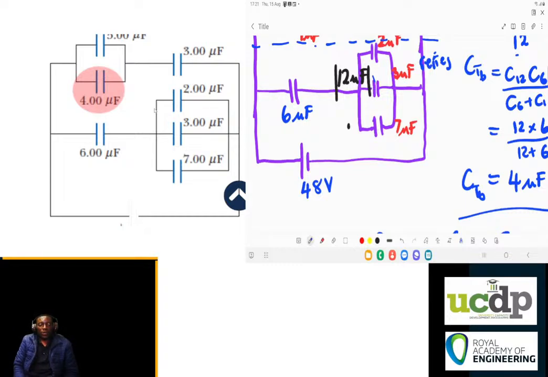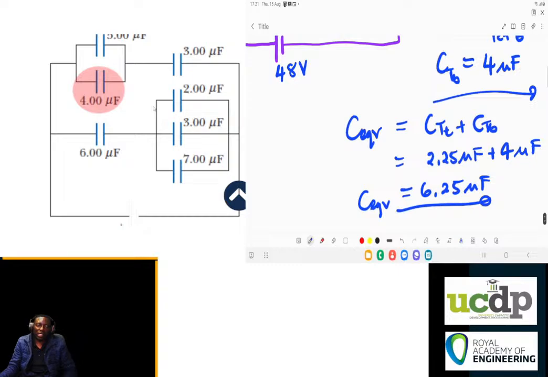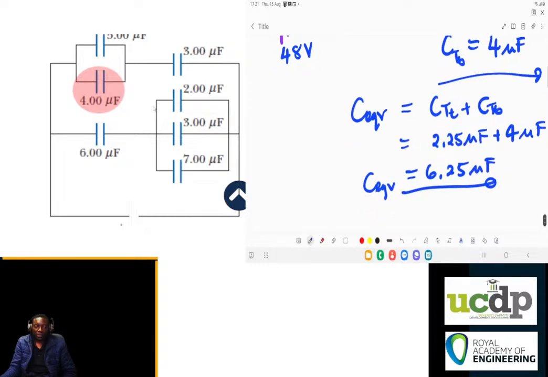On the previous question, we've calculated the total capacitance to be 6.25. We know the total voltage. And we can use that and the total charge.